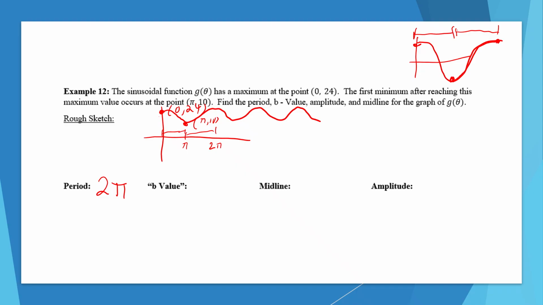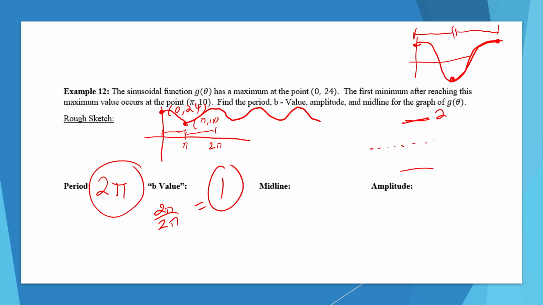What is our b value going to be? Our b value is going to be 2 pi over 2 pi, which is 1. So that would be our b value there. For our midline, here is where we look at our y coordinates specifically. We have a maximum at 24 and then a minimum at 10.